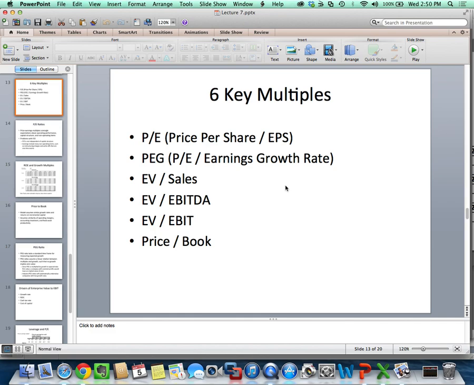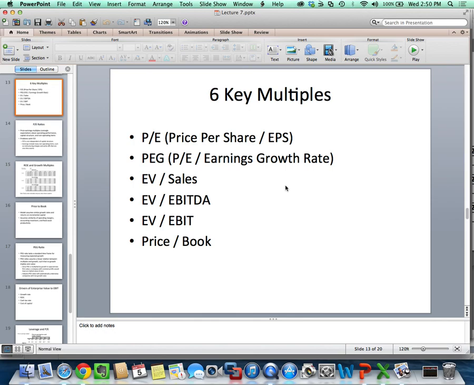However, what do I do when I have a company like WhatsApp that doesn't have any EBITDA? Then I have to use enterprise value to sales, right? So generally, it's the earlier stage companies that are going to be more valued by EV to sales. When the companies mature and have defined business models, when they're profitable, that's when we tend to transition to EV to EBITDA. Now, since free cash flow matters, the next ratio down is EV to EBIT.